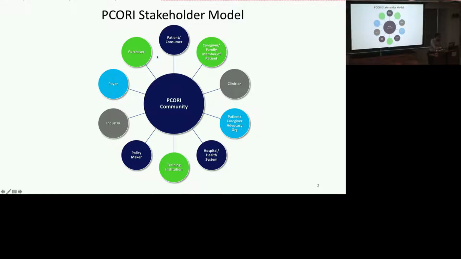And so this is a model that, at least we felt, in the large integrated systems that have been able to successfully implement precision medicine on a population level, they've brought in patients and purchasers and payers and industry and all these folks such that everything is thought out from the get-go.